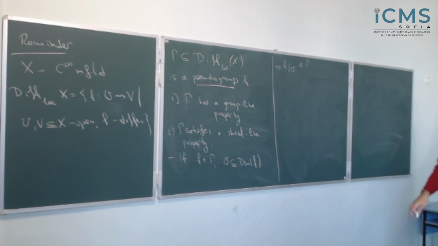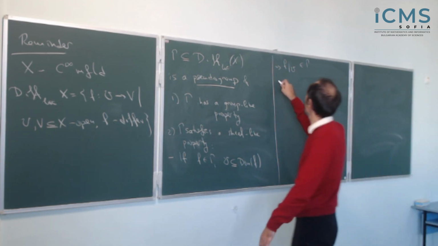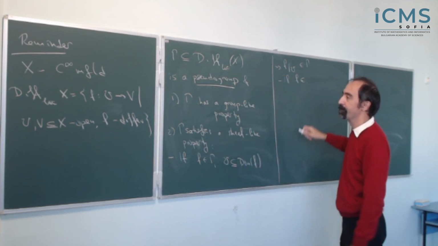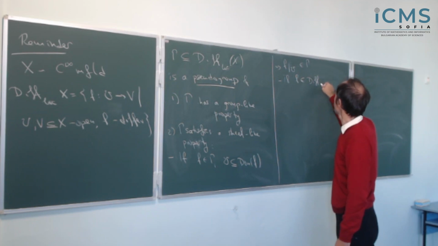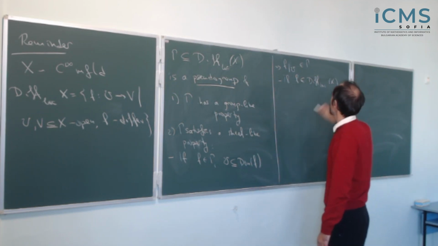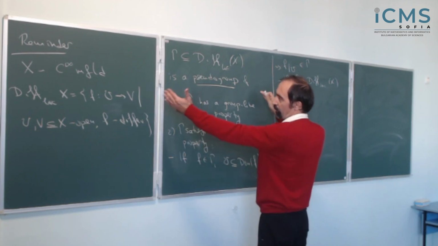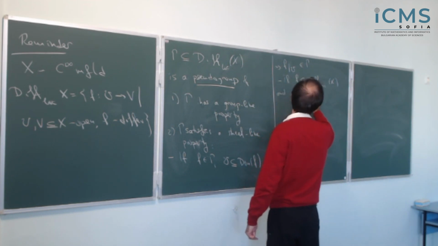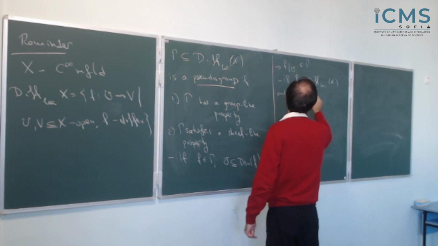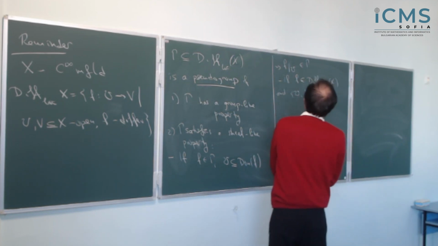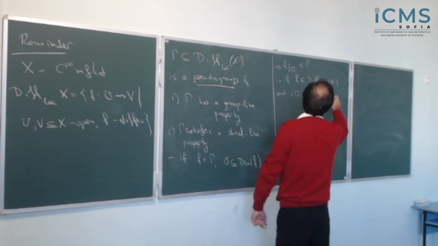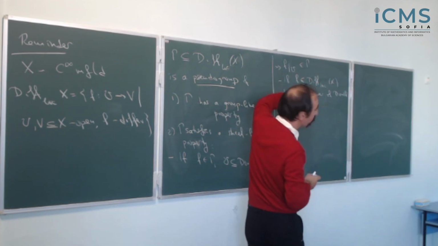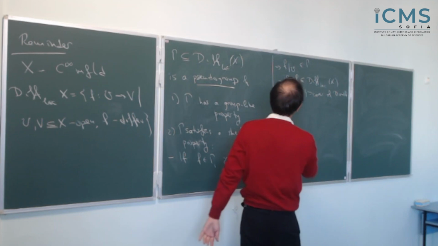And then the other condition is that you can patch. So if you have an f in locally defined diffeomorphisms, and we have a collection, a cover, let's say, such that the restriction of f to each of these U_i's is in gamma, then the whole f is again in gamma.